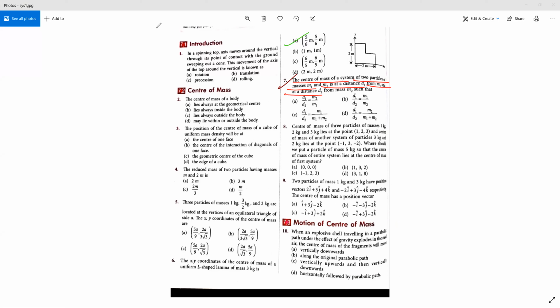First option, d1 by d2 is equal to m2 by m1. Second option, d1 by d2 is equal to m1 by m2. Third option, d1 by d2 is equal to m1 by m1 plus m2. Fourth one, d1 by d2 is equal to m2 divided by m1 plus m2.